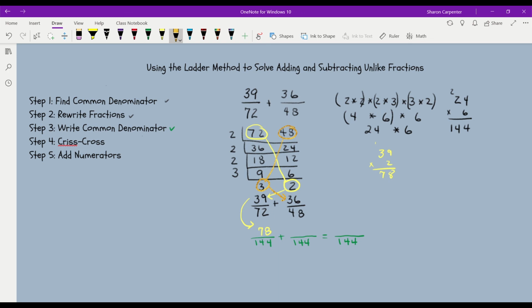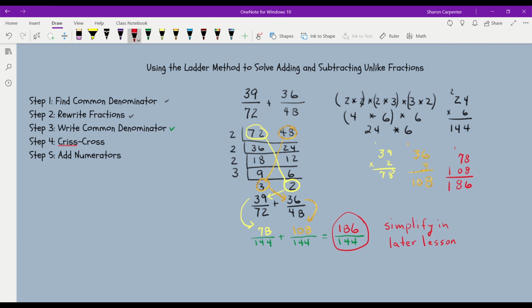Crisscross and multiply by 36. 3 times 36 equals 108 for the second numerator. Add the numerators 78 and 108, which is the solution numerator 186. So the solution is 186 over 144. This is an improper fraction, but that's another lesson.